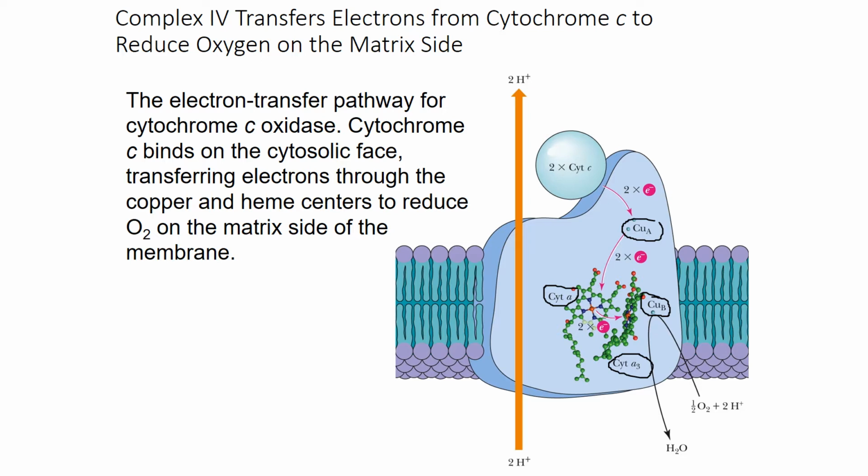This complex contains 13 subunits in each half of a dimeric complex. So what do I mean by that? We have the dimers, we have the cytochromes, we also have the 2 copper ions. So electrons are then transferred to CuA, and electrons are then going into the site A heme group.